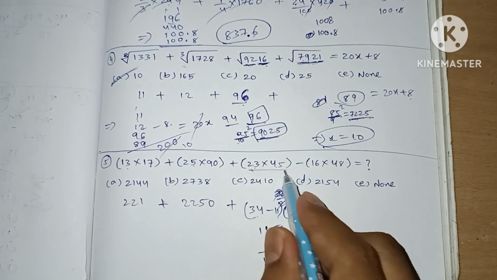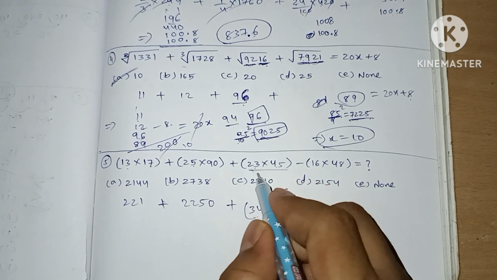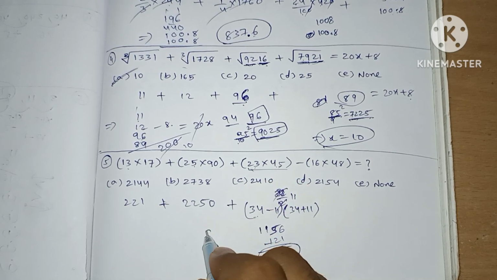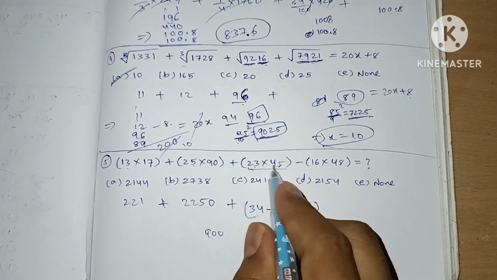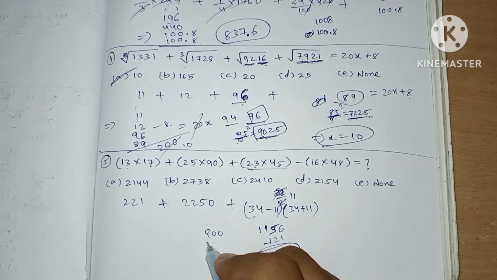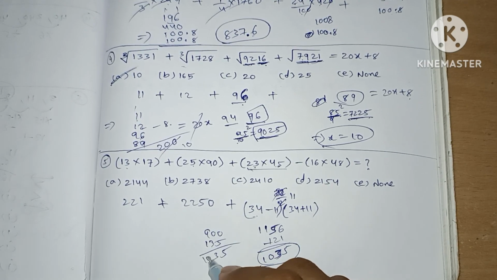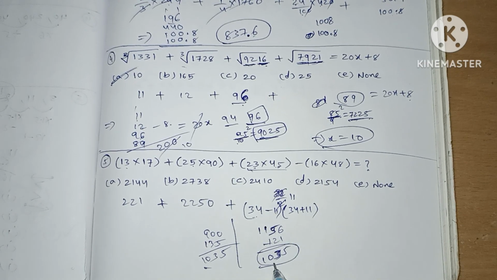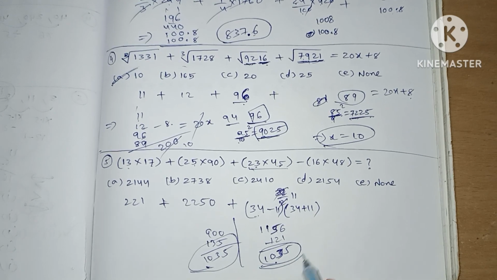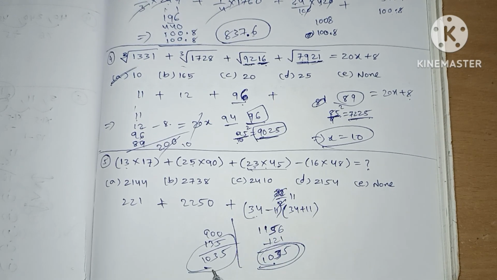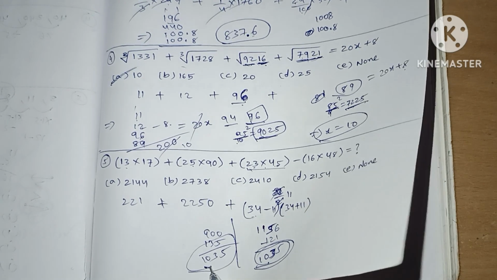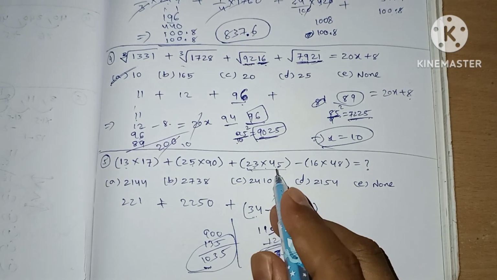So the value for this one is 1035, or else we can calculate this as 45 2 times is 900 plus 45 3 times will be 135. So we can have 1035. So we have two methods to calculate this number faster. I prefer this one as the best one to calculate this.